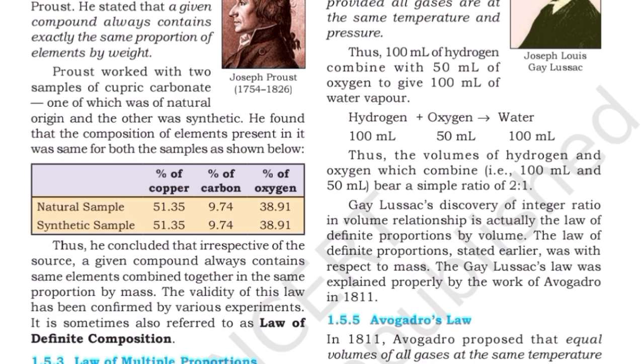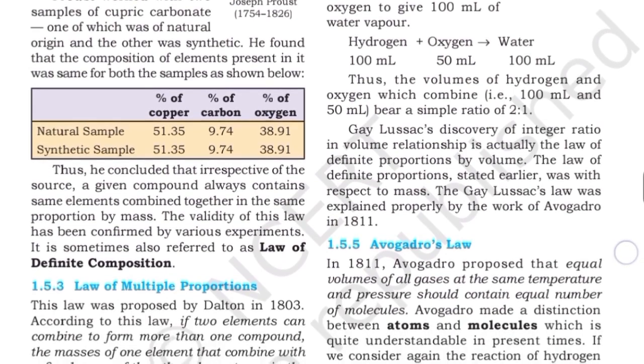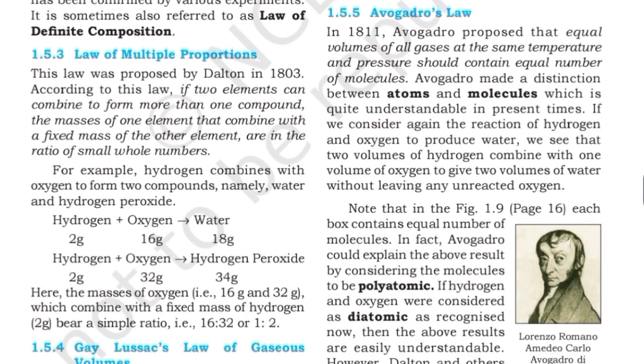Gay-Lussac's law was explained properly by the work of Avogadro in 1811. Avogadro's law. In 1811, Avogadro proposed that equal volumes of all gases at the same temperature and pressure should contain equal number of molecules.